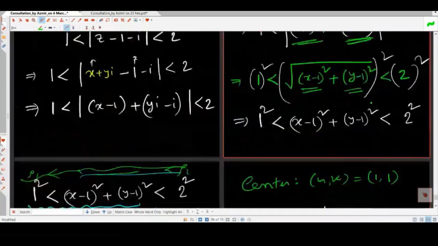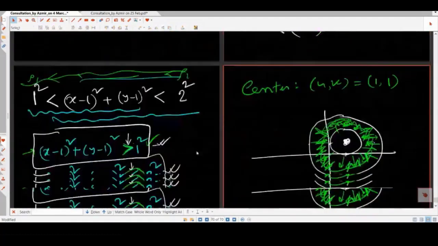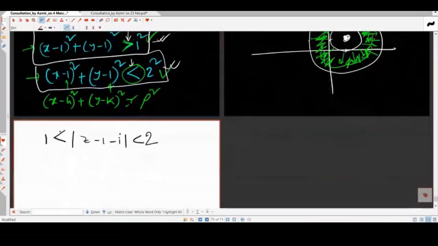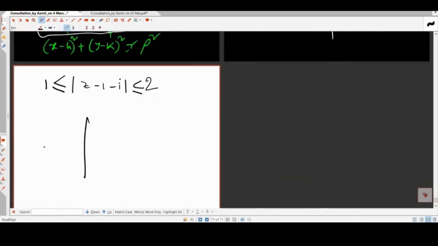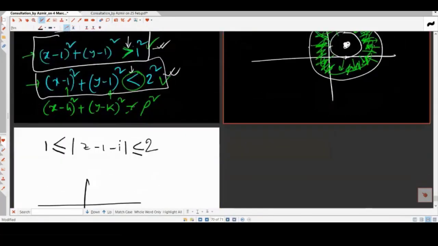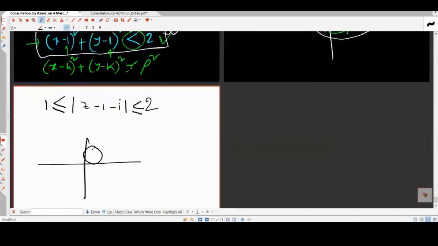Suppose we have the same sort of inequality, but this time, instead of less than, suppose we have equal. We will get the same graphs. This is our first circle, and this is our second circle. For the previous case, we were shading the inside region. But since we now have equal on both sides, both boundaries are attached.